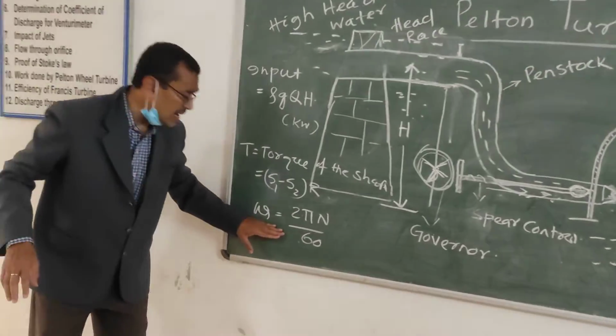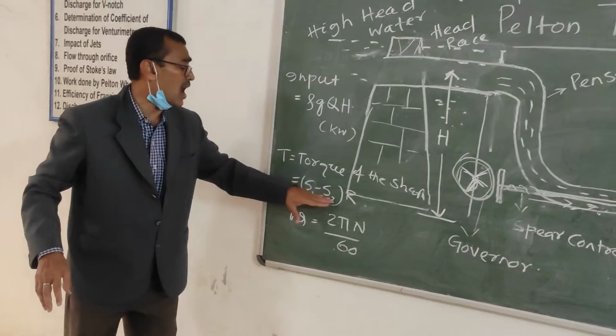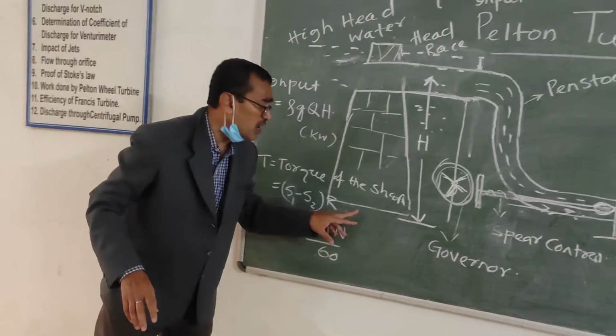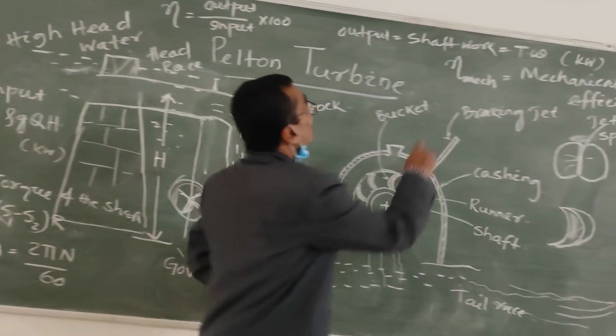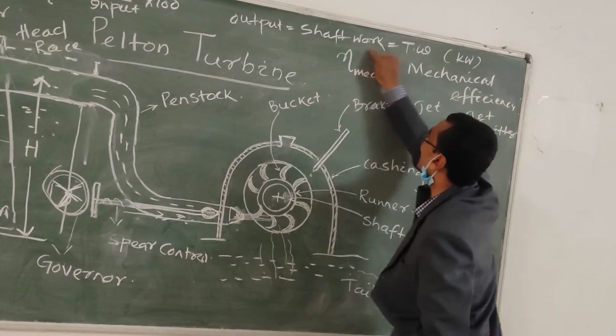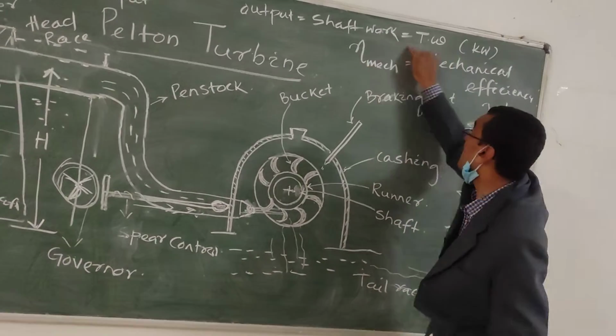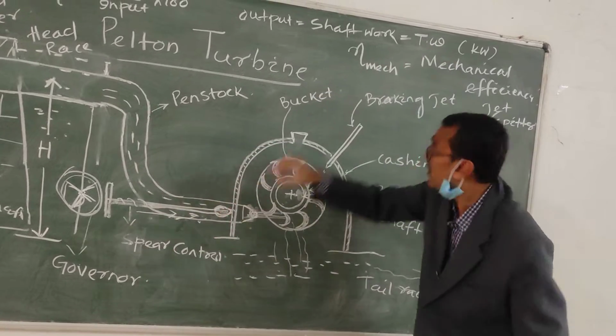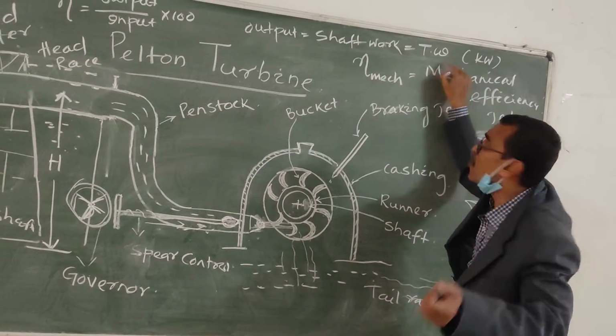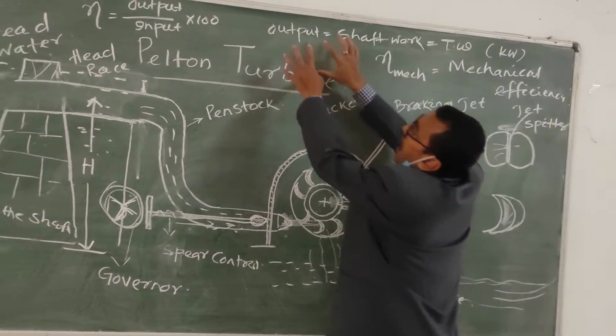So once omega is known, and the torque, (S1 minus S2) into R, in newton meter, is known, then we can find the shaft power, that is the power of the shaft, T into omega. Torque is measured by the dynamometer, omega by the tachometer. Once this is known, this will be the output.